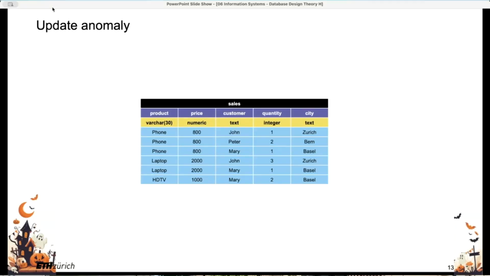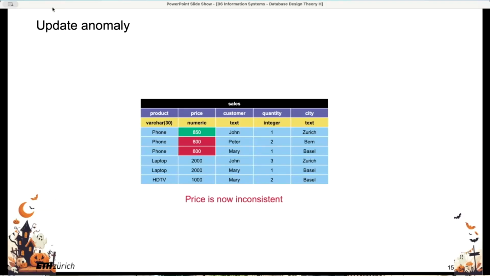Now, what if you want to update the price? The orders have not been shipped yet, but you made an error, you want to fix the price. So you're going to change the price right here and maybe set it to 850. But now the pricing is inconsistent, because you might have had the intention that everybody buys things at the same price, right? So if you're going to ship that phone, everybody should pay 850, right? But now we've just updated that one and we've made it inconsistent, right?